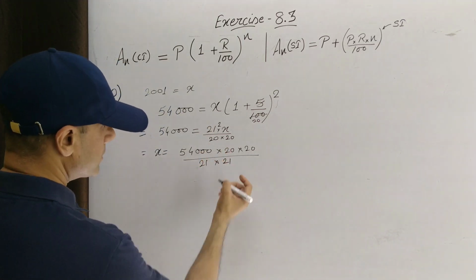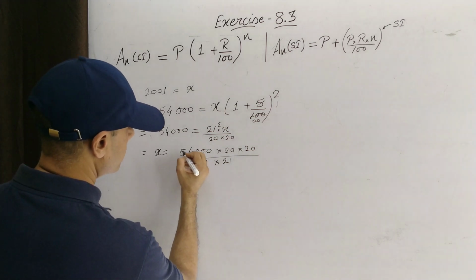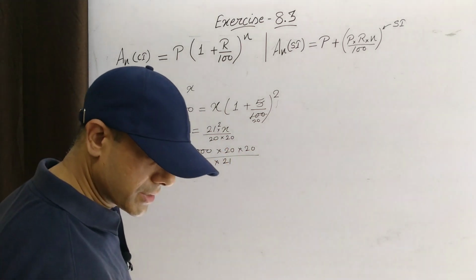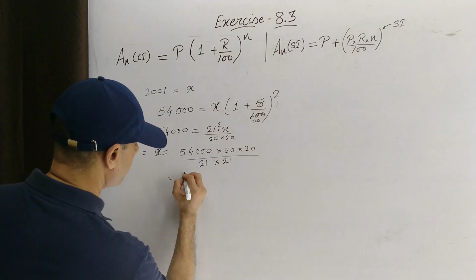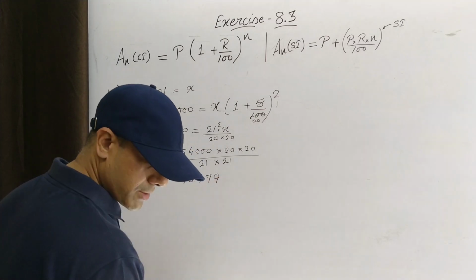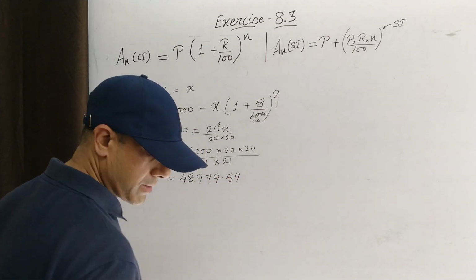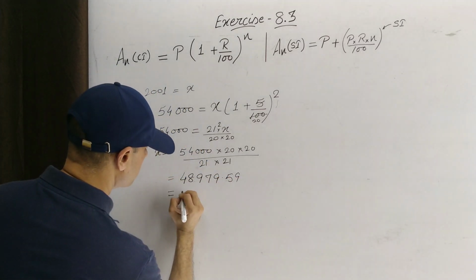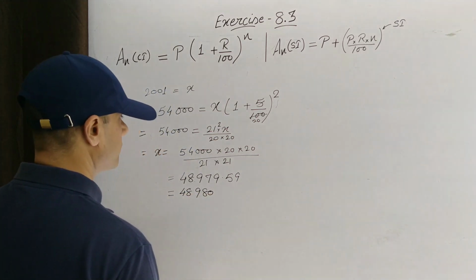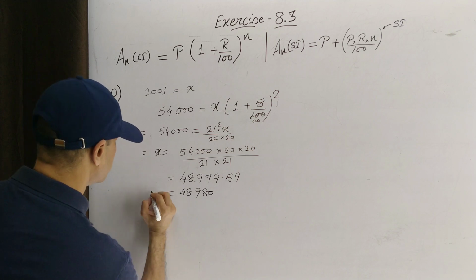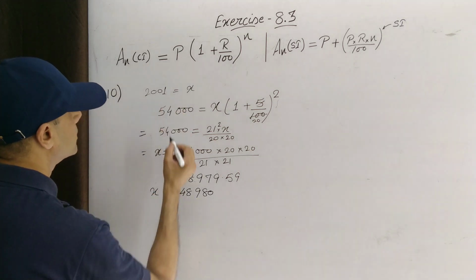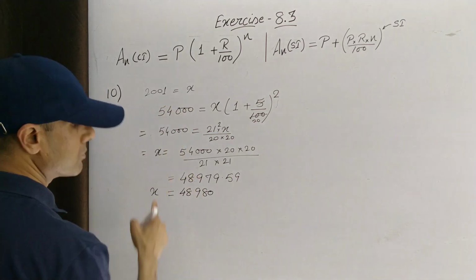Okay, this is a bit complex calculation. You have to divide it and then multiply it with 20 and 20. Calculation already done, and we get this value as 48979.59 approximately. This is equal to 48980. So x is equal to this much, and x is nothing but population in 2001.